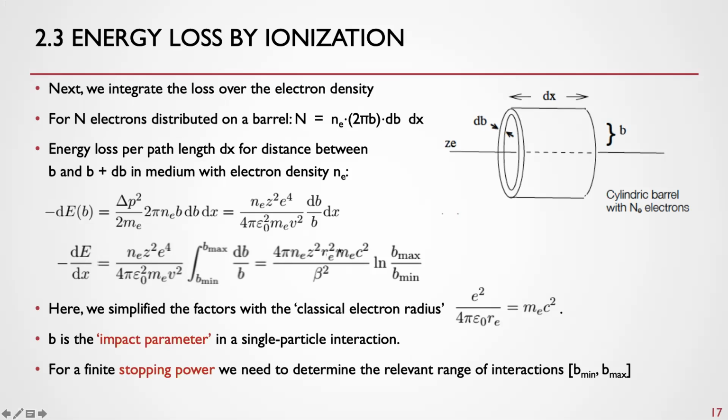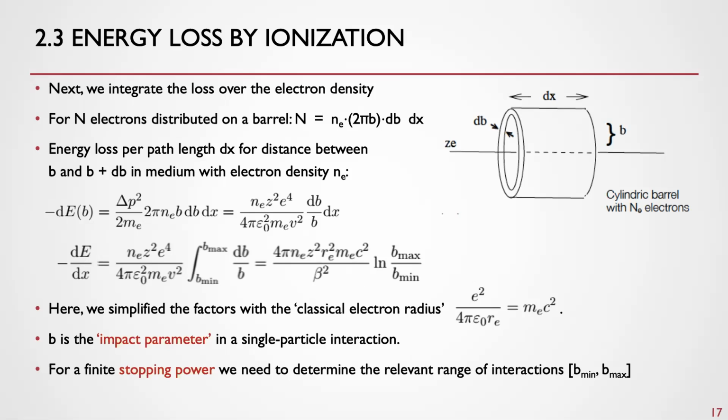You may have seen there's an r_e appearing here. r_e is the classical electron radius. The classical electron radius is a constant of nature that's defined by the radius where the electrostatic potential of a charge of size e equals the energy that's needed to create an electron itself.